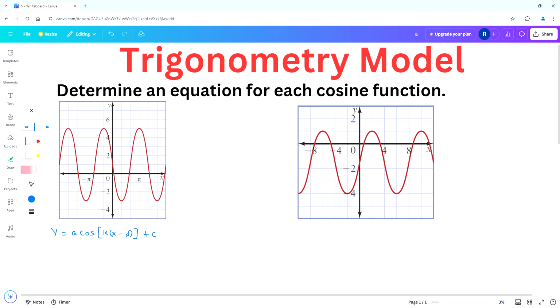As per the given graph, the maximum value for the function is 5. The minimum value is -3. We can use these values to calculate the amplitude and equation of axis for this function. The formula for amplitude is maximum value minus minimum value divided by 2.